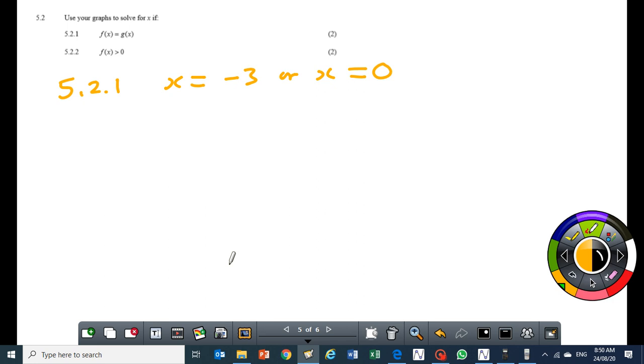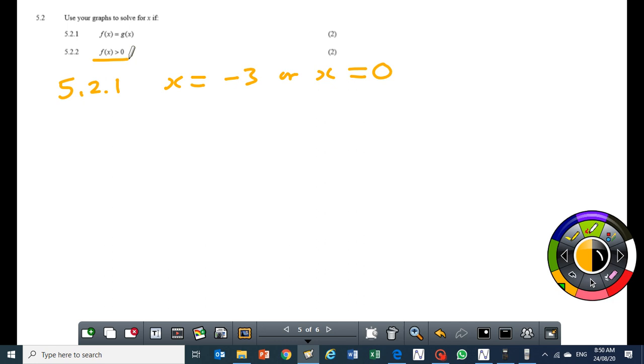Okay, I'm simplifying it now. What this means is we want the values of x such that the y values of the quadratic graph are positive.